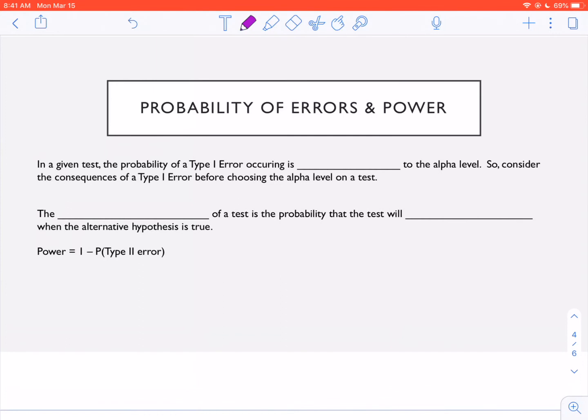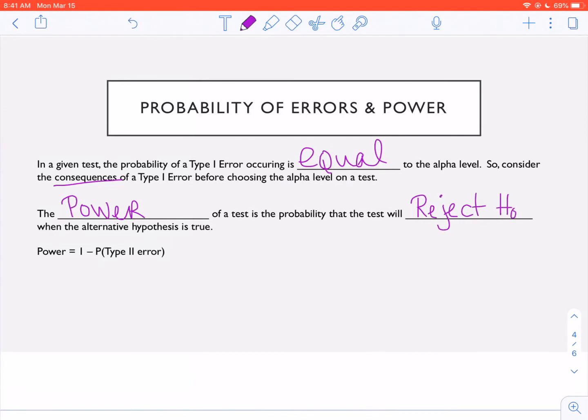In any given test, the probability of a type 1 error occurring is equal to the alpha level. So you want to consider the consequences of a type 1 error before choosing the alpha level of a test. And the power, a new vocab word, the power of a test is the probability that the test will reject H naught if H naught is false.